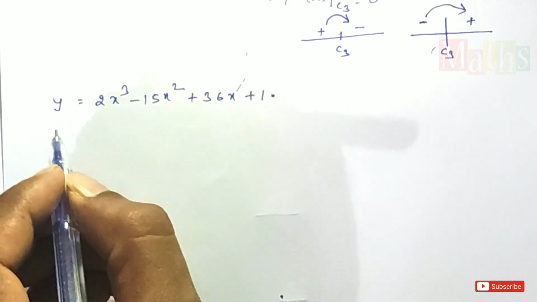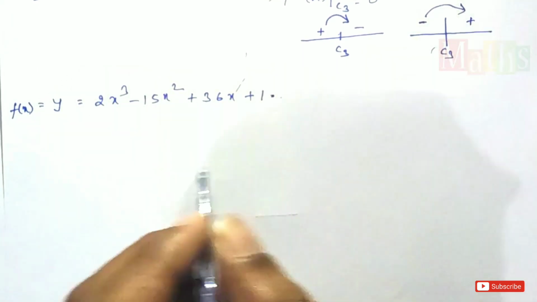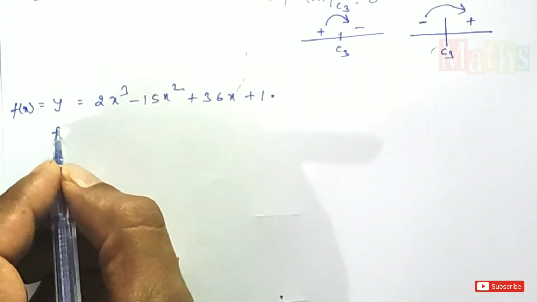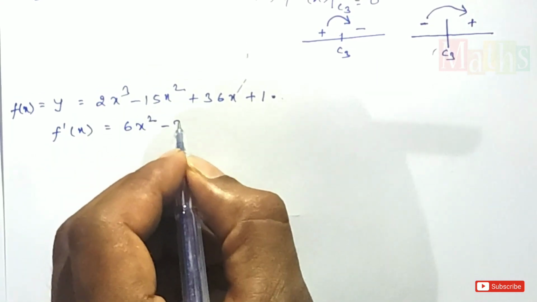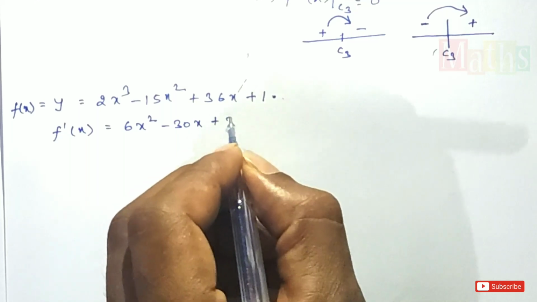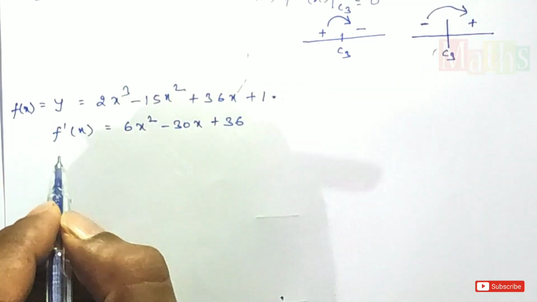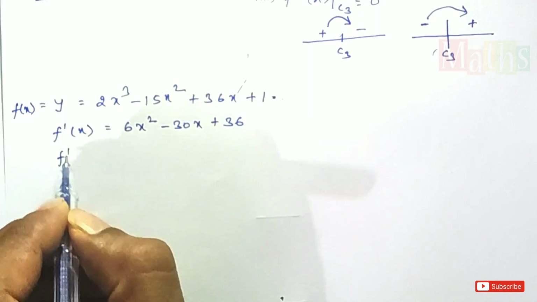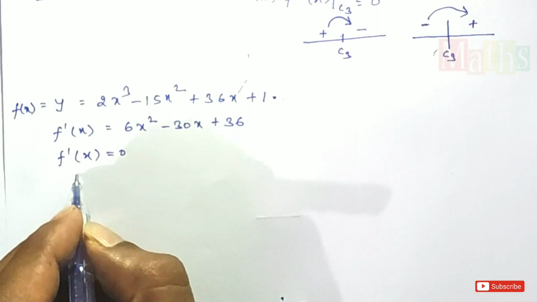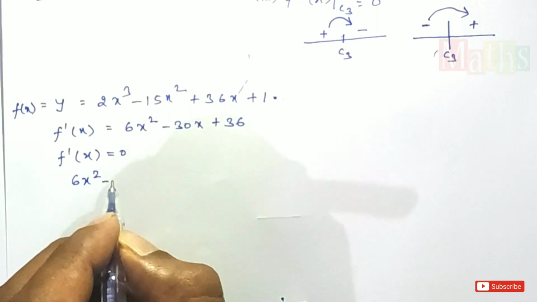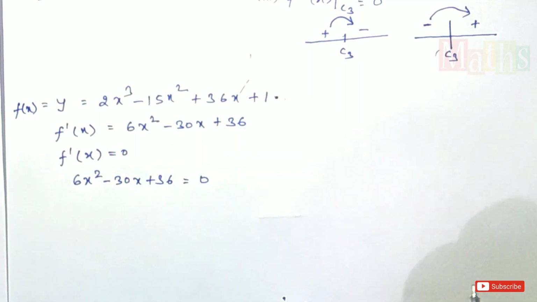So first of all, find the first derivative, f dash x, which is equal to 6x square minus 30x plus 36. And after it, according to the first derivative rule, equate it with 0 to find the extreme points. So from here we get 6x square minus 30x plus 36 is equal to 0.